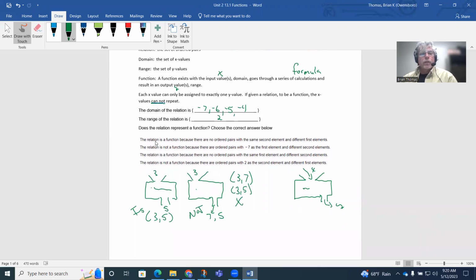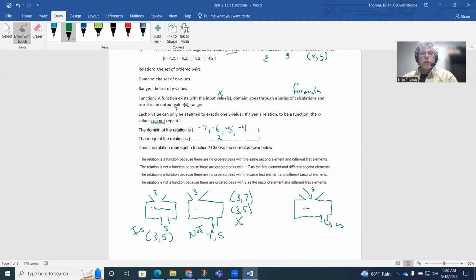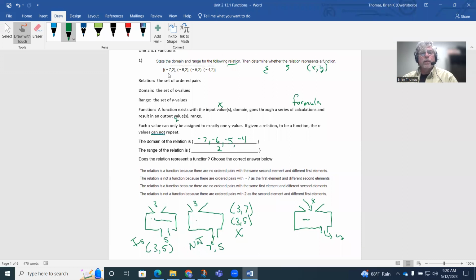So this relation is a function because there are no ordered pairs with the same second element and different first elements. Let's see. We do have the same second element, so that's not what we're talking about. We're talking about the first elements cannot be the same. So it is a function.